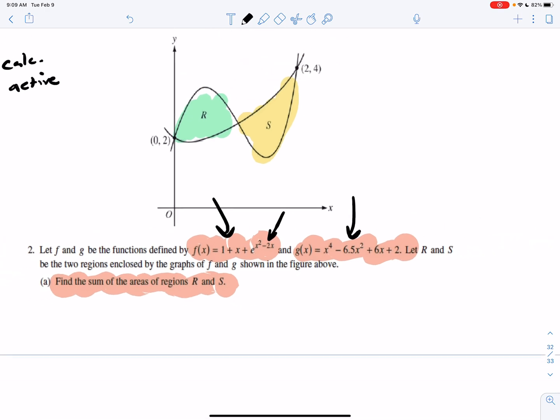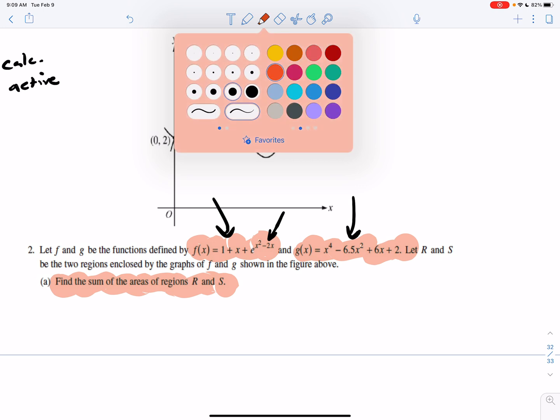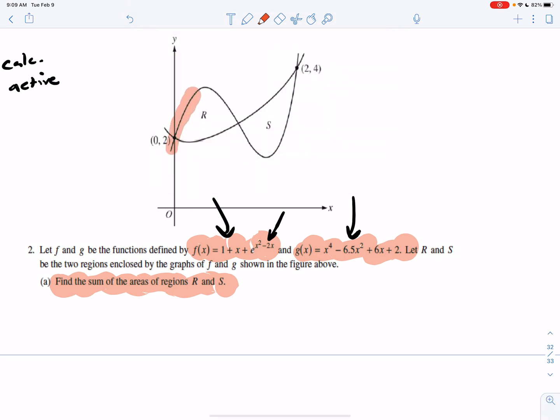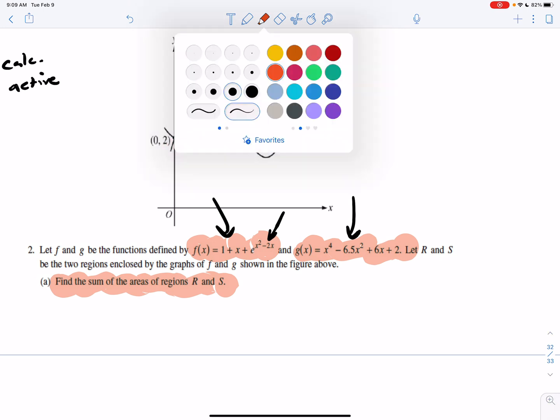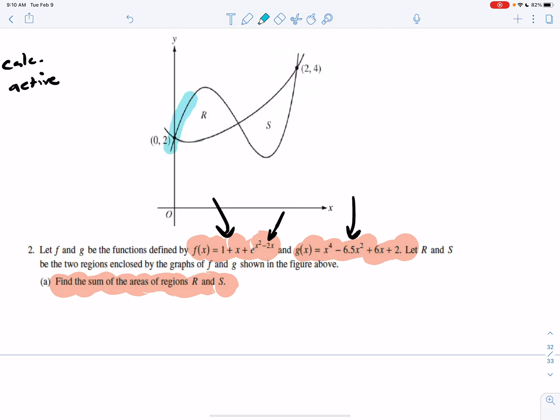So once you type that out, it turns out that this function right there is g of x, okay?